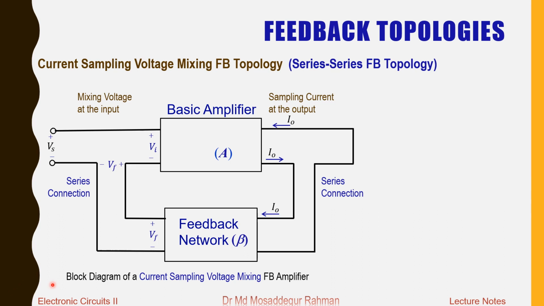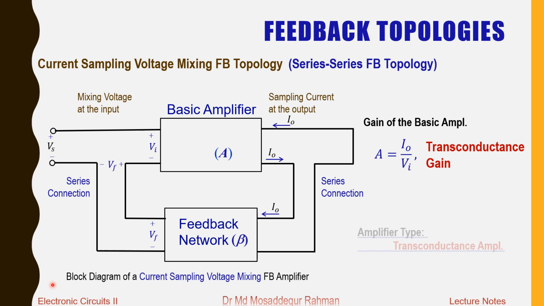The gain of the basic amplifier in this case, since the output is in the form of current and the input is in the form of voltage, will be given as I naught, the output current, divided by Vi, the input voltage. Current by voltage we call conductance, and in this case it will be transconductance, the conductance that is transferred from the input to the output side. The amplifier type we call a transconductance amplifier.